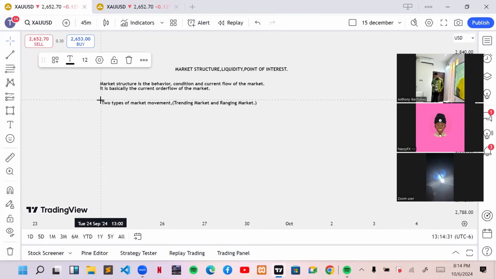So market structure is the behavior, the condition, and the current flow of the market. It's basically the current order flow of the market. And there are two types of market movements, the trending market and the ranging market.